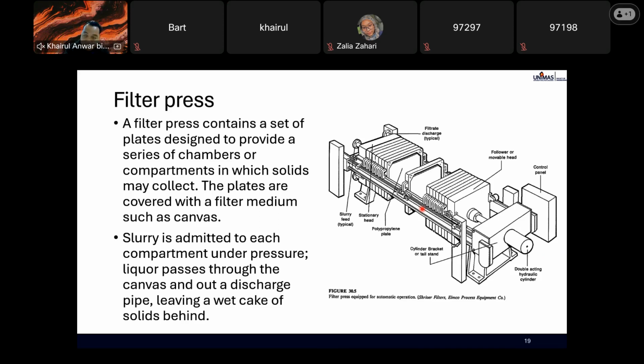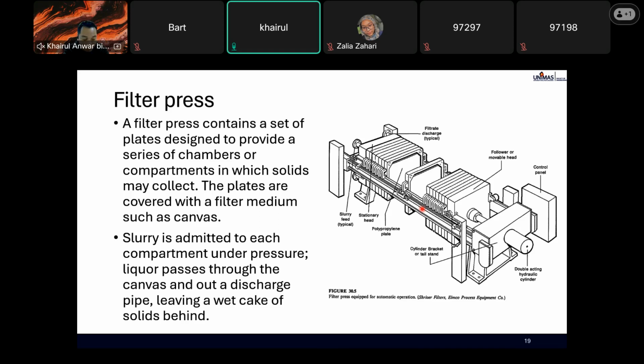For ultrafiltration, normally the pressure difference is low, like one to two bar is enough. For nanofiltration, normally we need like 8 bar. Then for reverse osmosis, it's quite high, like 16 to 20 bar easily.